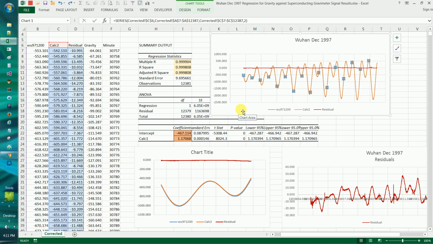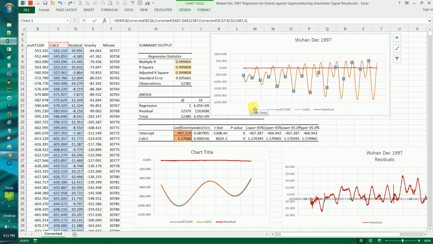So as the VLBI people do, and the radio astronomy and now optical interferometry astronomy, all of the techniques that are being used for global scale astronomy could be done with gravimetry as well.